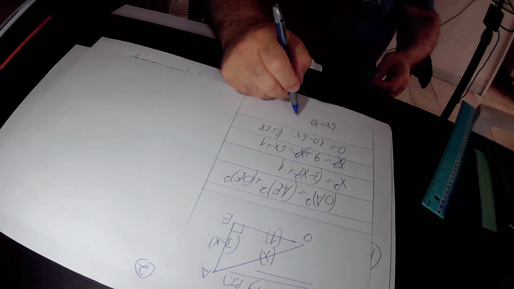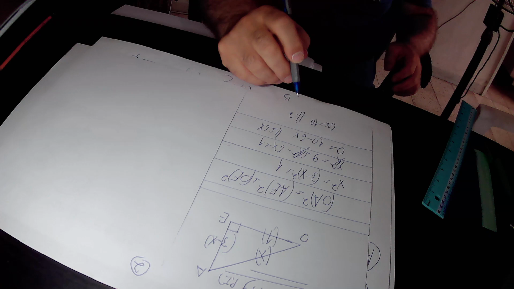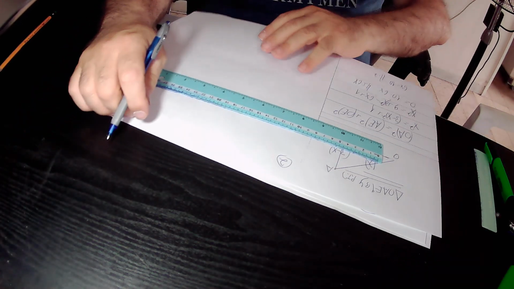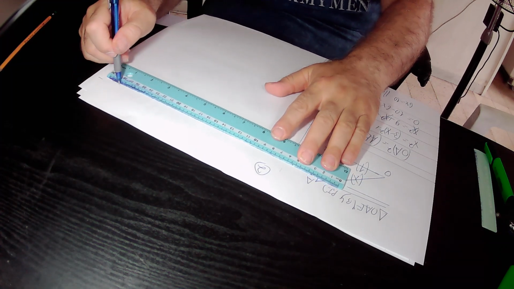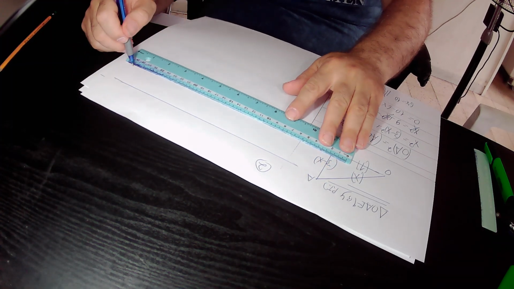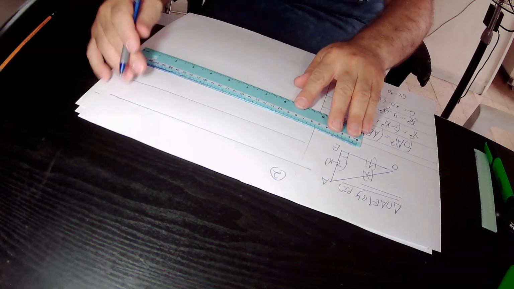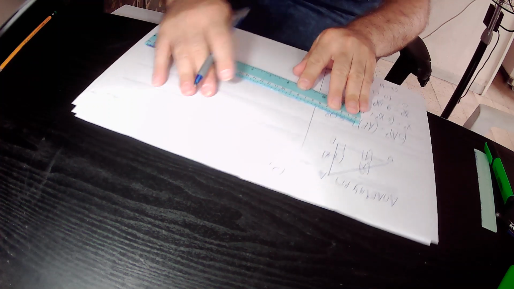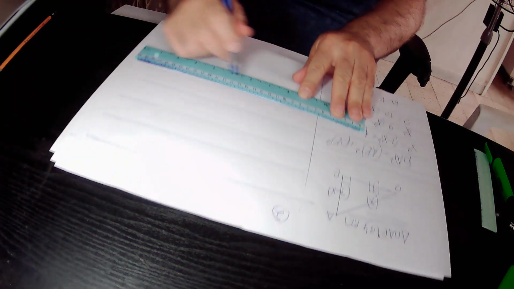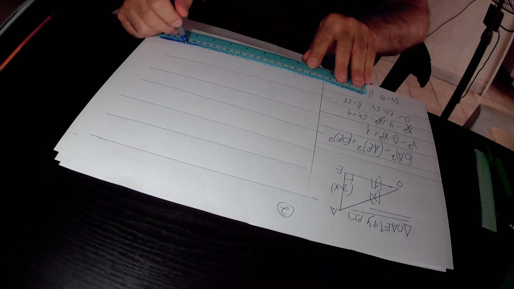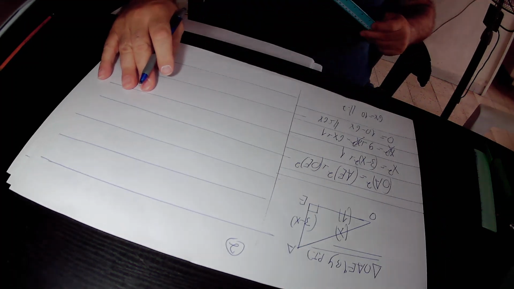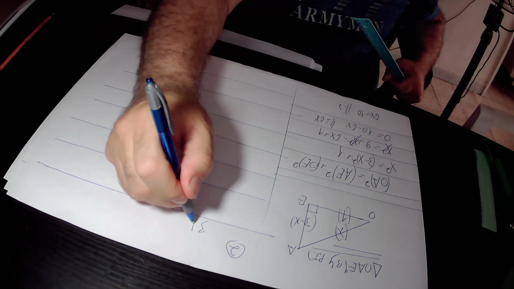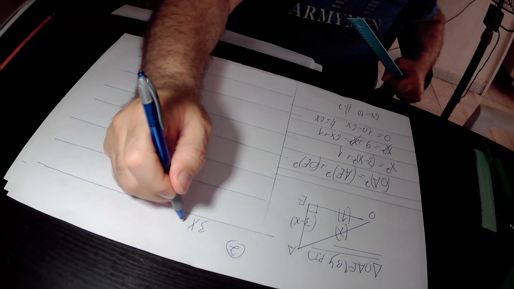So here we divide this equation by 2. And we get that 6x over 2 is 3x, and it equals 10 over 2, which is 5.